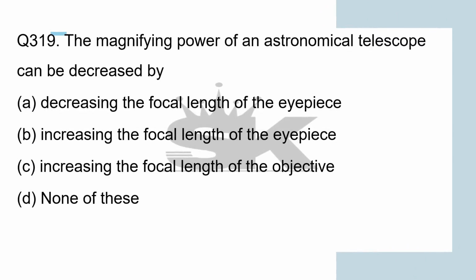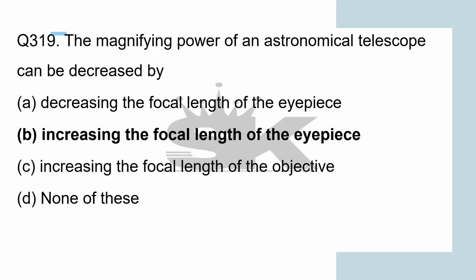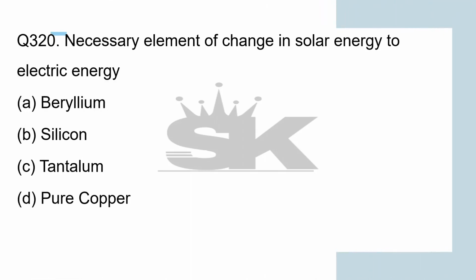The magnifying power of an astronomical telescope can be decreased by increasing the focal length of the eyepiece. Okay, the necessary element for change of solar energy to electrical energy is silicon.